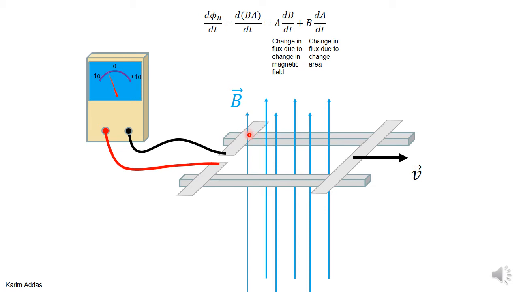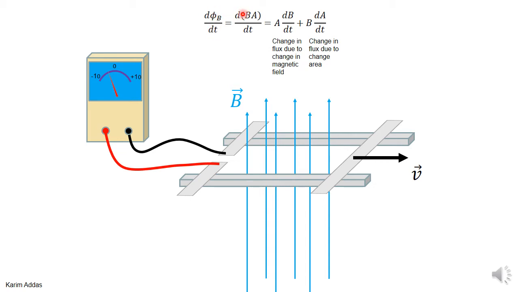So the important point here is that as this rod moves to the right and there's a magnetic field, the magnetic flux could change due to two reasons. The magnetic flux is changing because the rod is moving, so the wire is moving, so the area is changing. But also, if the magnetic field itself is changing with time, that could lead to a change in magnetic flux. So in general, the rate of change of magnetic flux could have two reasons that it can change.